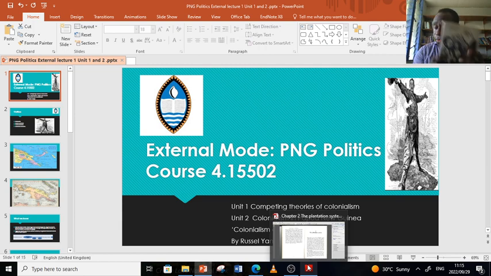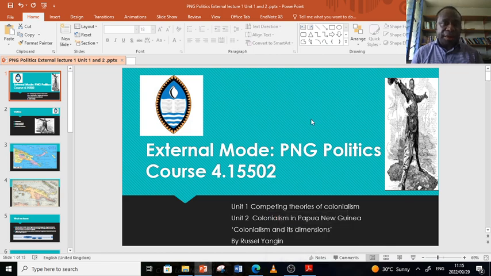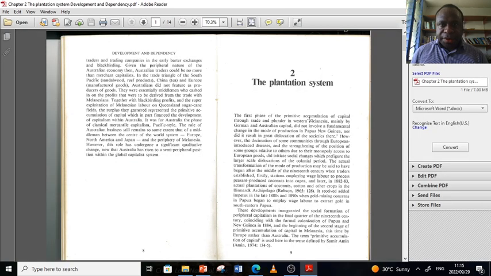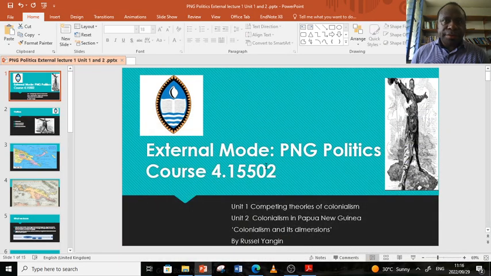It's a very good book because it provides the context of colonialism, the history of colonialism, colonial policy, basically the basic PNG politics from the colonial period up until independence. The particular chapter that we will be focusing on is chapter 2, titled Plantation System. This chapter captures the economic, political, and colonial dimensions through the plantation system.